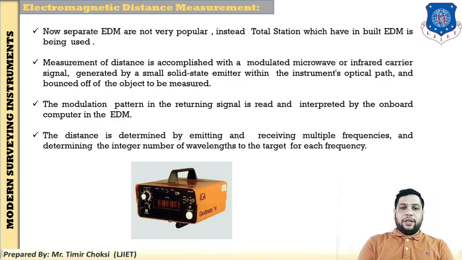Measurement of distance is accomplished with a modulated microwave or infrared carrier signal generated by a small solid state emitter within the instrument's optical path and bounced off the object to be measured. So the measurement of distance depends upon different types of waves. I have already explained, in the electromagnetic spectrum in a previous session, the microwave or infrared carrier signal.